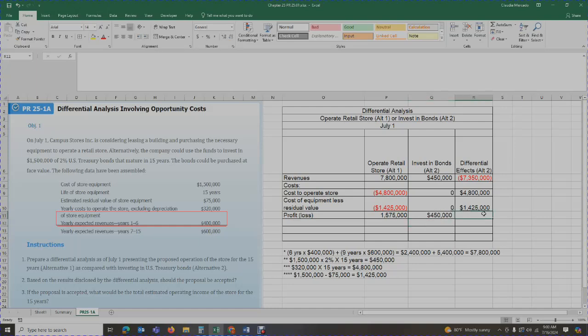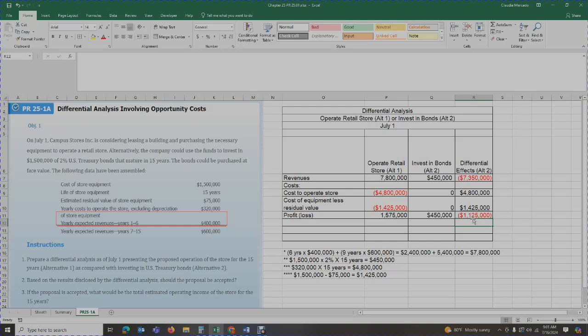And let's look at the differential. Let's see how different alternative 1 is from alternative 2. We've got a decrease of 1,125,000 in profit. Now this is the differential effects of alternative 2. If we take alternative 2, we're going to be losing 1,125,000 in potential profit.